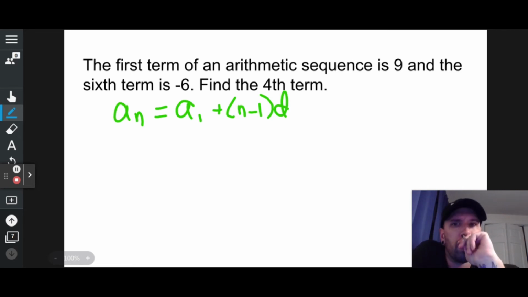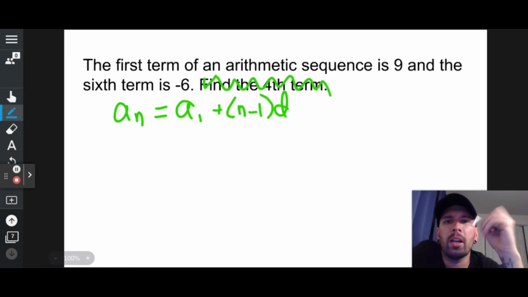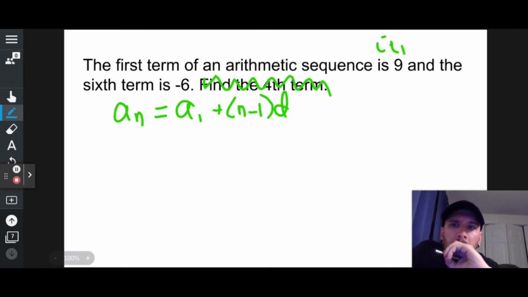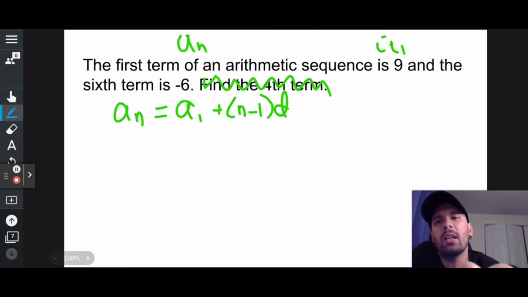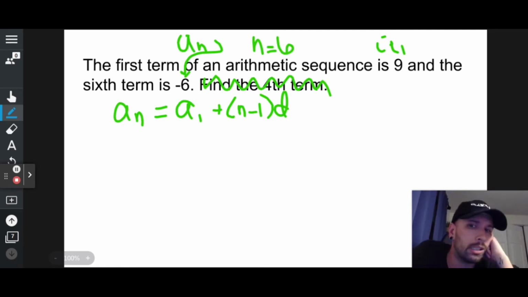Let's plug in what I know. Right now, I'm not going to focus on d. I'm just going to put a squiggly there. I'll get to it later. The first term is 9, so a sub 1 is 9. The sixth term is negative 6, so a sub n is negative 6, and it's the sixth term, so n is regular 6.